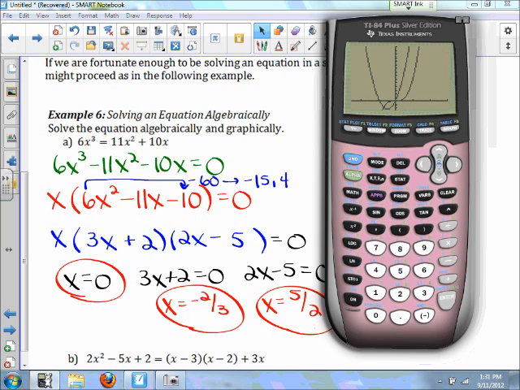So I'm going to have to make the y value a little bigger. There's our intersection at 2.5.